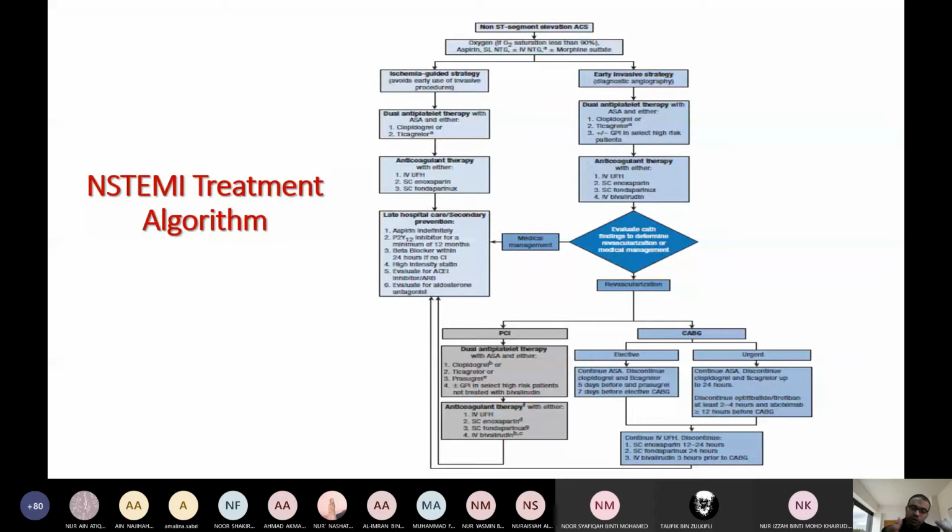What is the most important regarding the non-STEMI? Of course, all the details, the names of the drugs or whatsoever, we'll discuss later. But from here, what do you initially find consistent with what we have discussed? You can unmute the mic and just proceed.